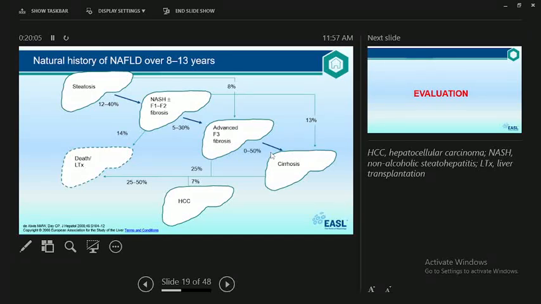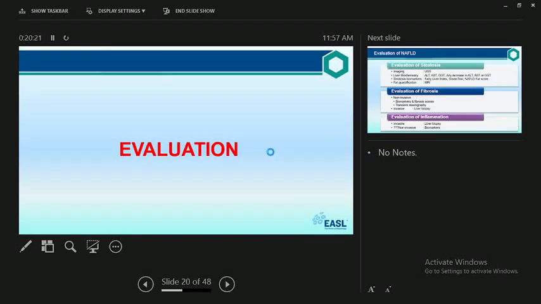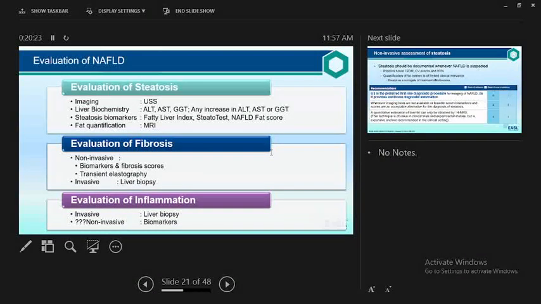Overall, 14% of these patients, those having either NASH, advanced fibrosis or cirrhosis, will need a liver transplant or will be lost. And 7% of them would develop hepatocellular carcinoma.